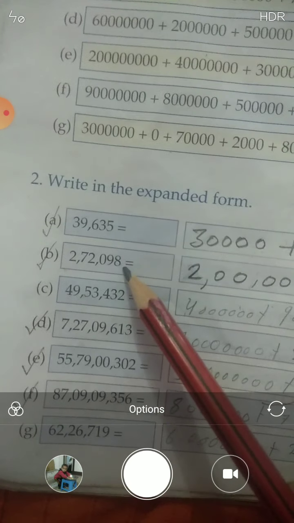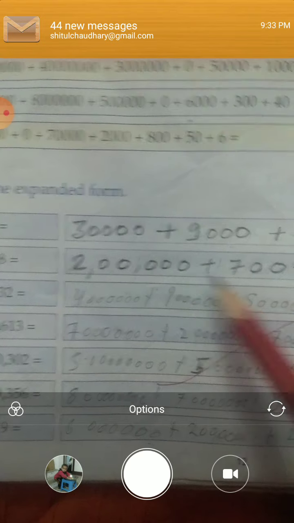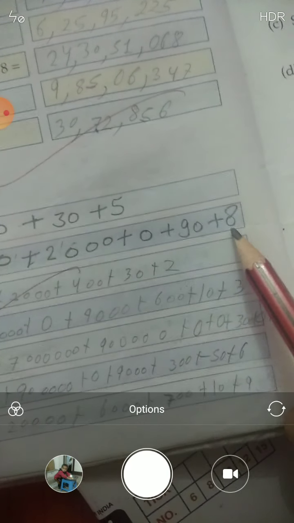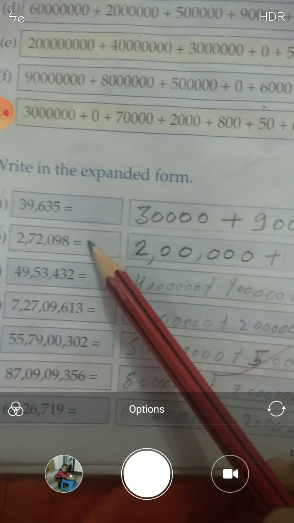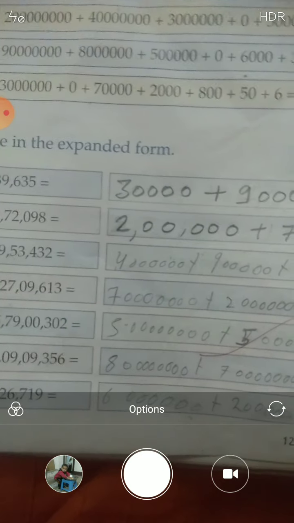Next you will solve like this: 2,70,000, then 2,000 plus 0 plus 90 plus 8. In addition form you have to write the expanded form. Like this, students, you can solve the rest of the part yourself.